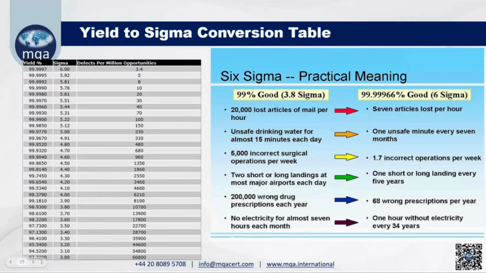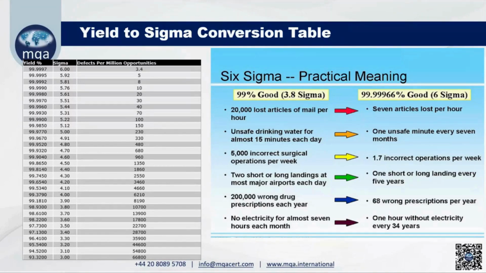Then our DPMO will be 66,800 defects per million opportunities. Similarly, we say we want 6 Sigma. Why do we want 6 Sigma? Because our defects will be only 3.4 per million opportunities.